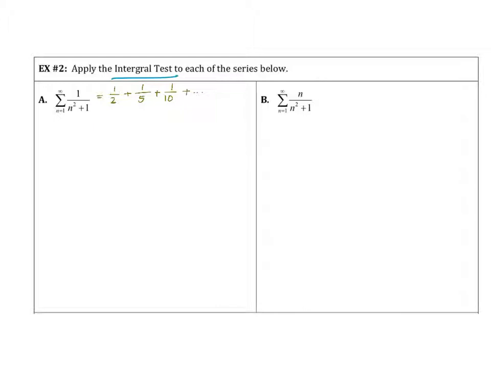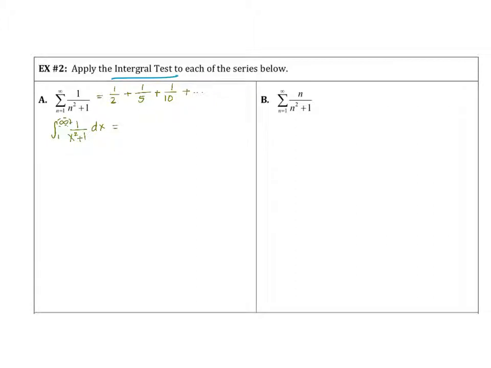And so now we're going to set up our integral test. We're really looking at our integral from 1 to infinity of 1 over x squared plus 1 dx. This is that infinite integral. It's improper, so to speak.